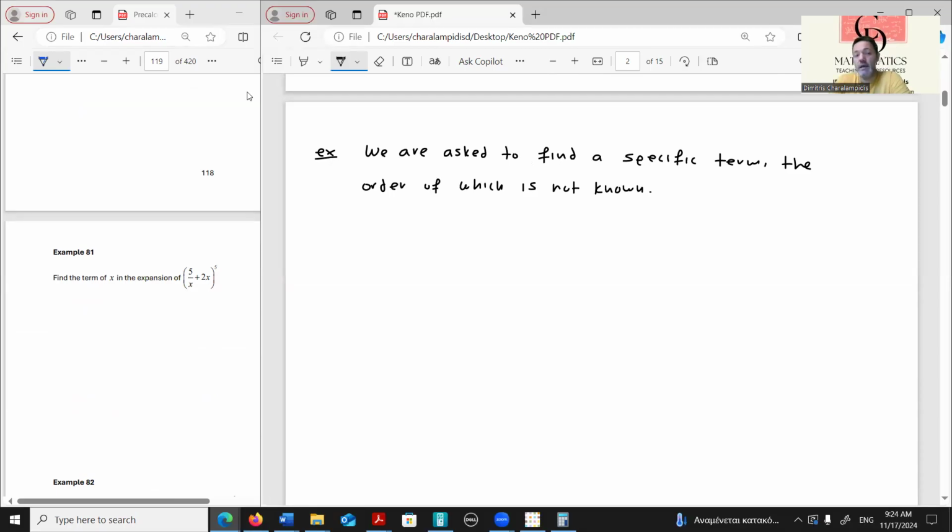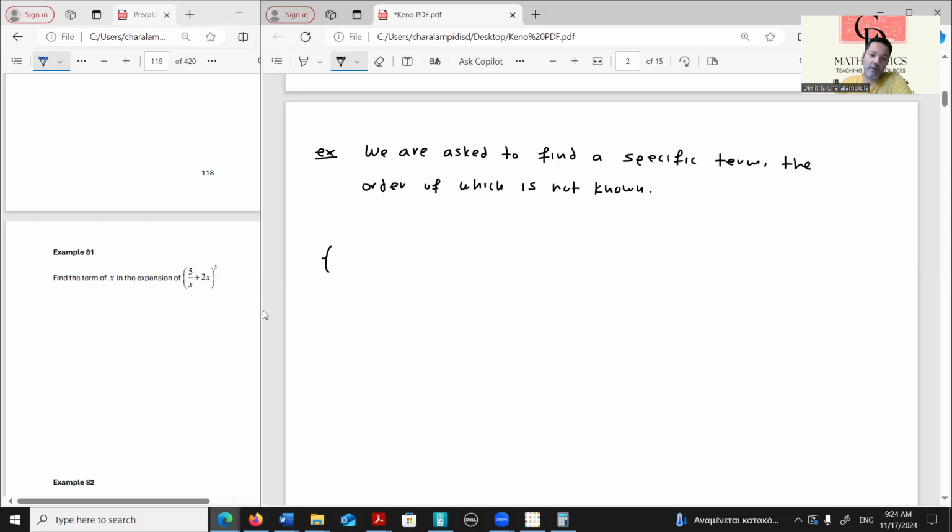What do I mean by that? In the previous exercise, we wanted to find the third term, the fourth term, the second term. This meant that we wanted to find a term of a specific order. Here, we simply want the term. Let's see what I mean by that.